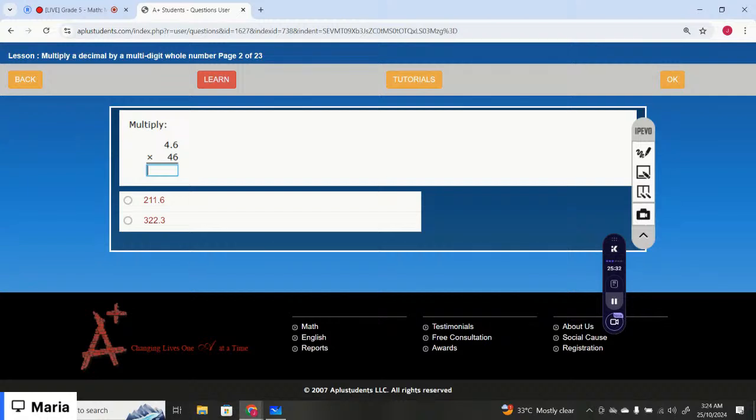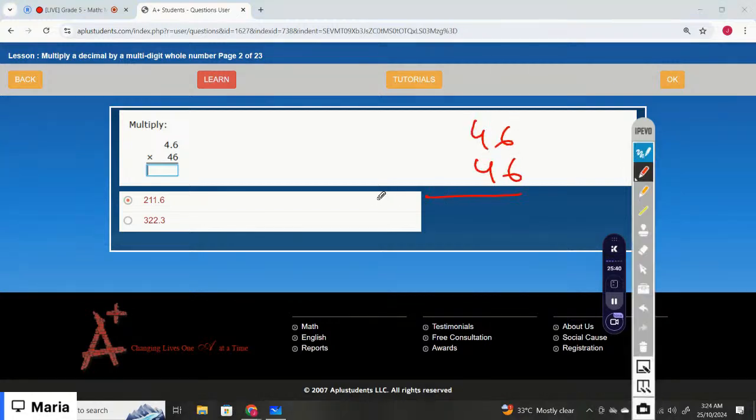Option number one is the correct option, right? When you multiply them, you have to do 46 times 46. 6 times 6 is 36, 6 and 3 carry. 6 times 4 is 24 and 3 is 27. 4 times 6 is 24, 4 and 2 carry. 4 times 4 is 16 and 2 is 18. So 6, 7 and 4 is 11, 8 into 10 and 1 is 11 and 2. So you have one decimal place, you need to move the decimal place one place left. So that is 211.6. Got it. So option number one is the correct option.